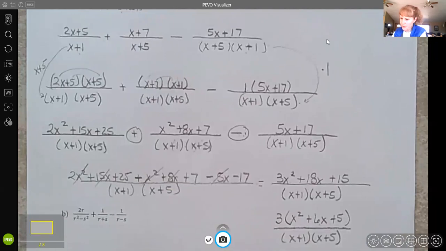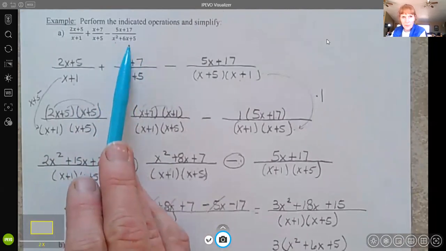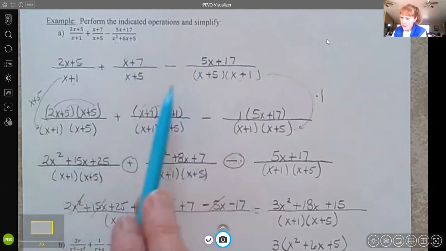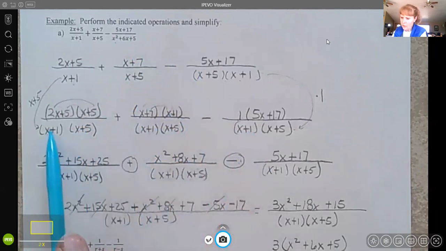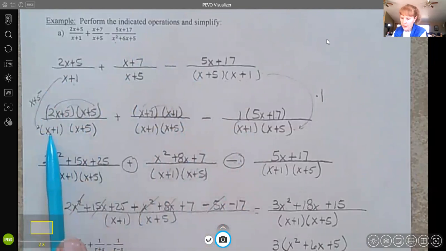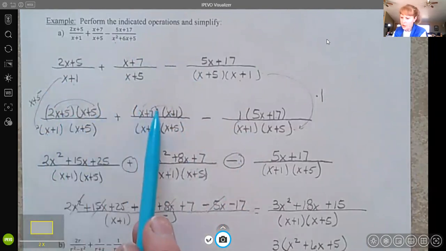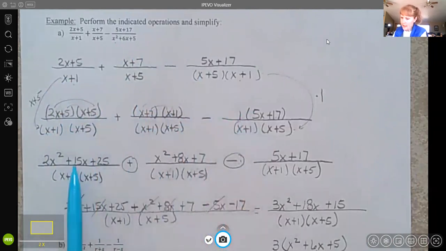So what did we do? Well, we factored this first, we factored this one right here. Then we got a common denominator. Then we asked ourselves, what do you multiply by here to get to here? And that was x plus 5. That's what we multiplied the numerators by. So we changed our numerators. And then we multiplied these out.